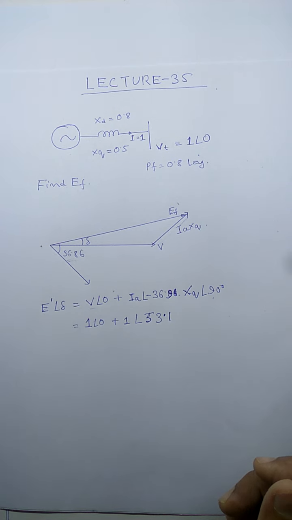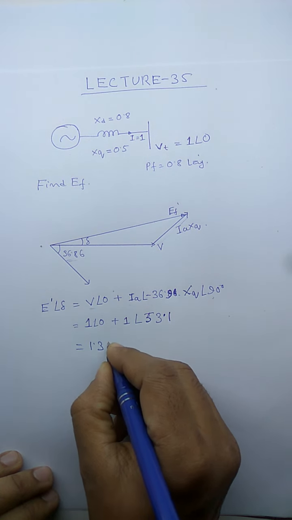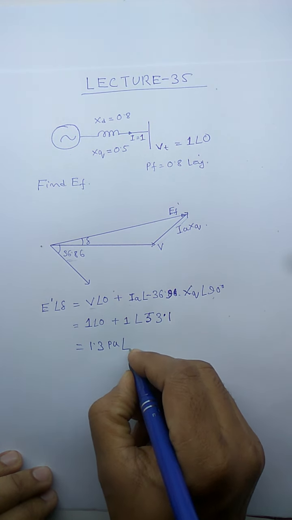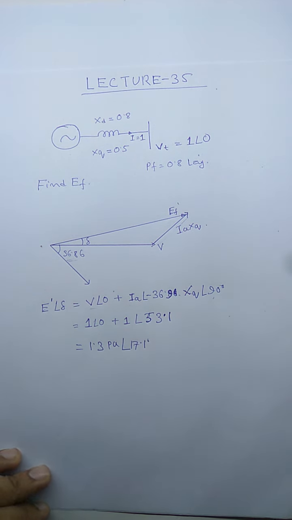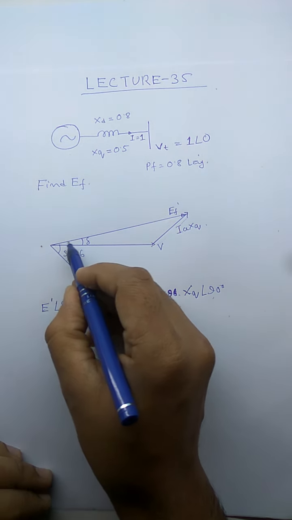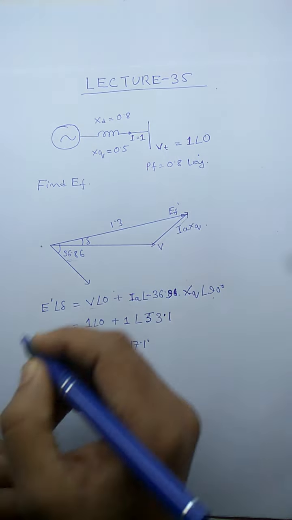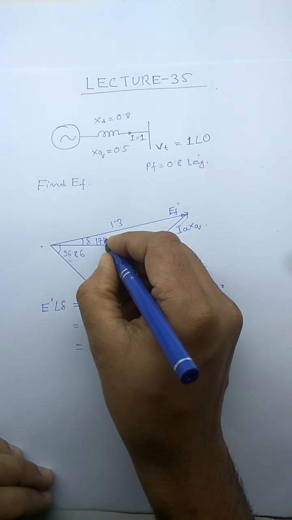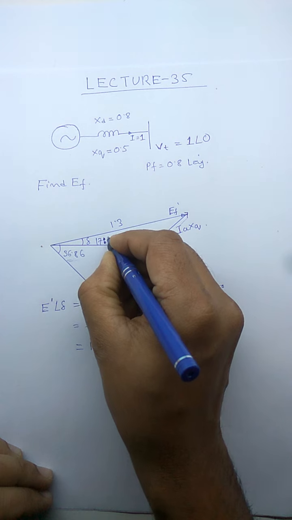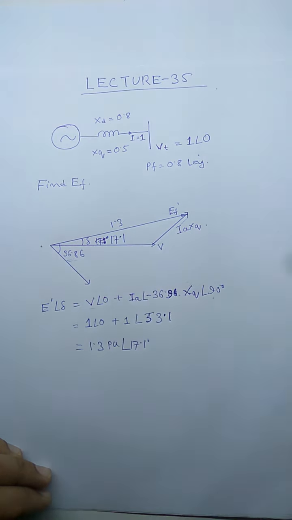Now this is a simple thing, you can solve it, and if you solve it you can find it to be 1.3 per unit at an angle of 17.1 degrees. It means that this EF dash has a magnitude of 1.3 and this angle delta is 17.1 degrees.